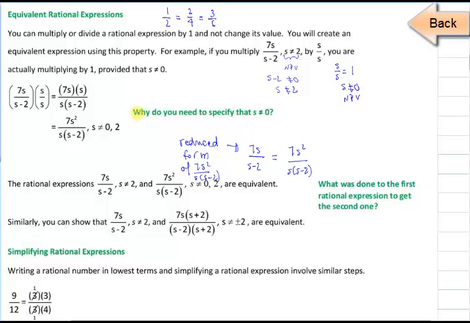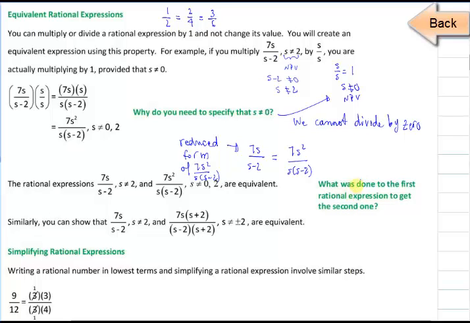Now, the question here, why do you need to specify that s can't be equal to 0? Well, just what we said over here. Okay, we cannot divide by 0. Okay, and what was done to the first rational expression to get the second one?